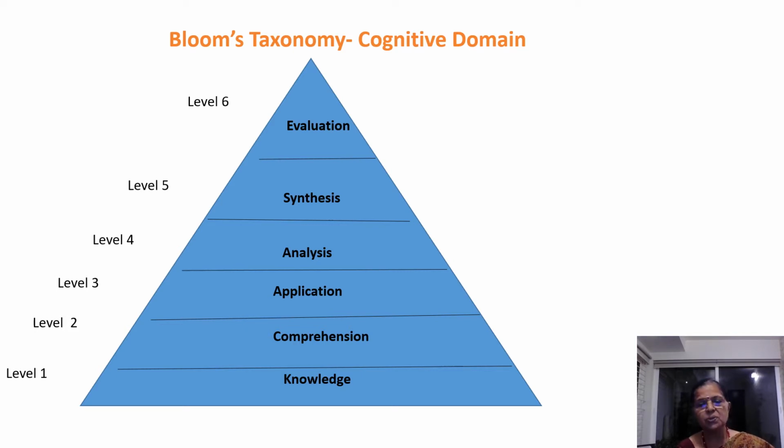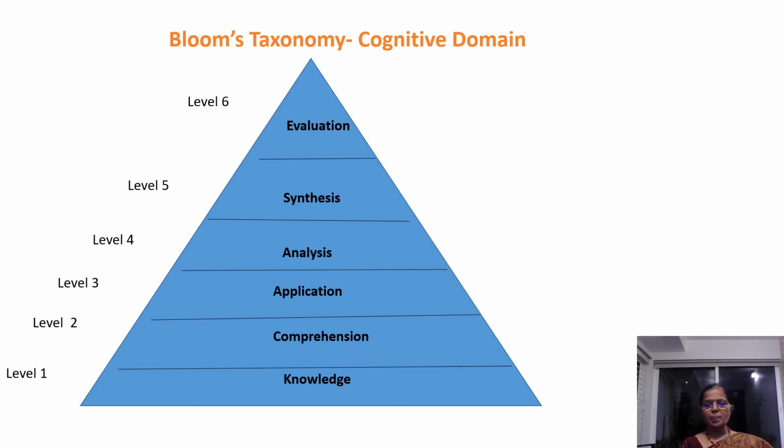So you should know from the whole to the parts, the constituent parts of the whole. So that is analysis. And then comes the synthesis, which is just the reverse of analysis. Analysis is splitting, dividing the whole into parts, and synthesis is combining the parts into the whole picture.